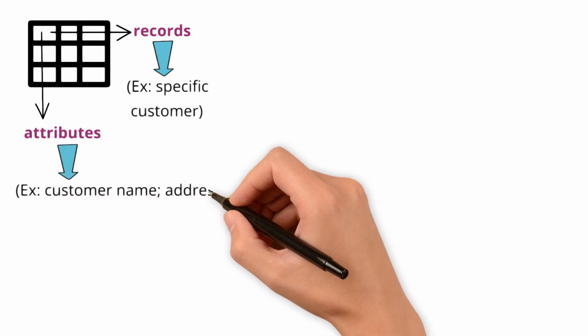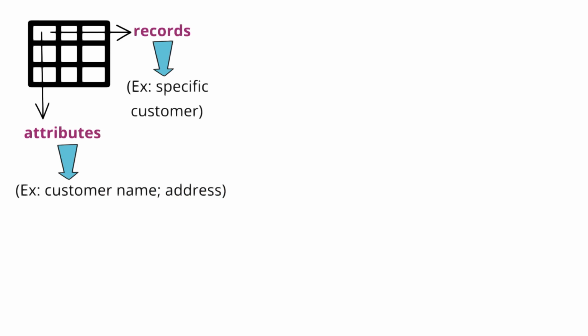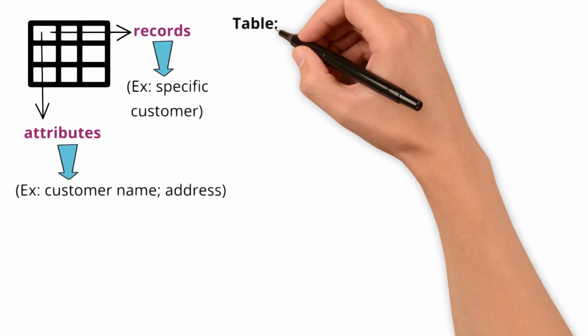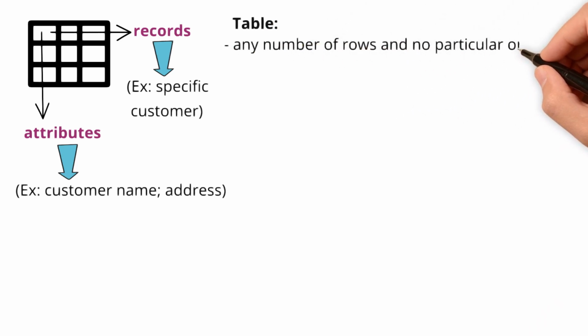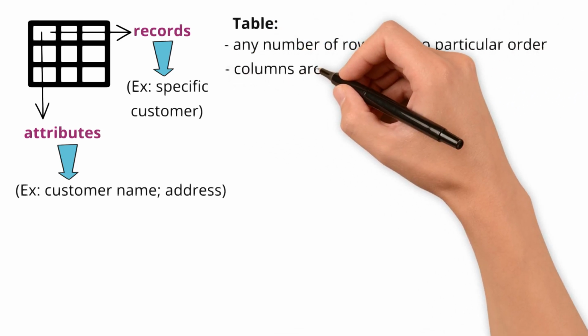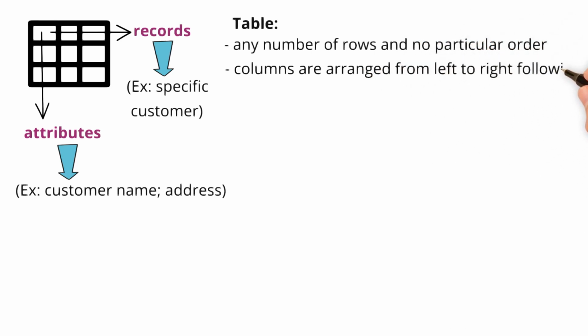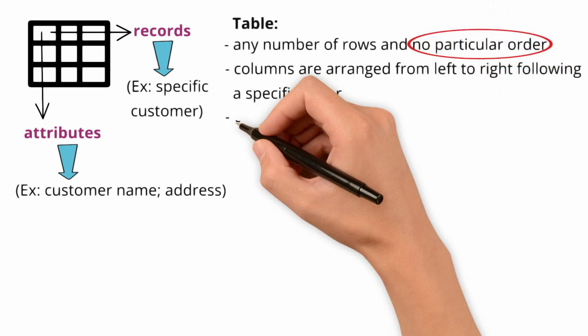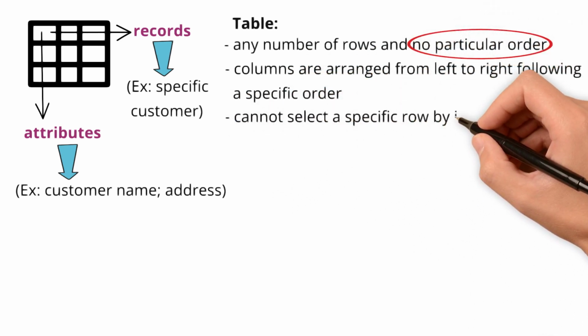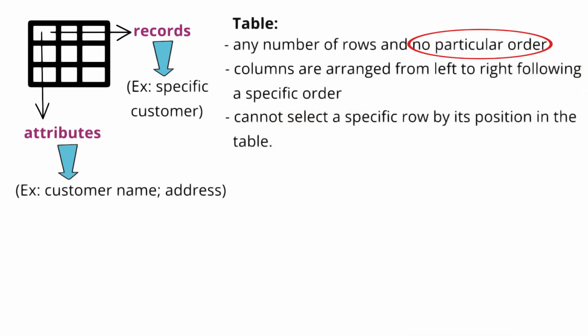Example, customer name, address, etc. A table can have any number of rows and no particular order, while the columns are arranged from left to right following a specific order. Because the rows of a relational table are unordered, you cannot select a specific row by its position in the table. There is no first row, last row, or 13th row.